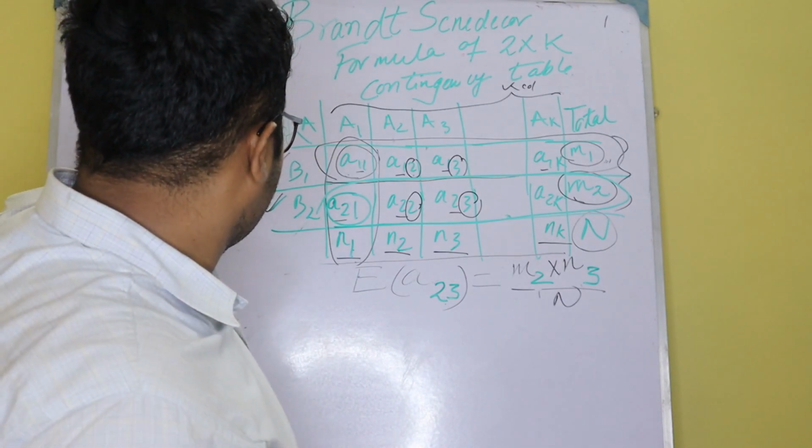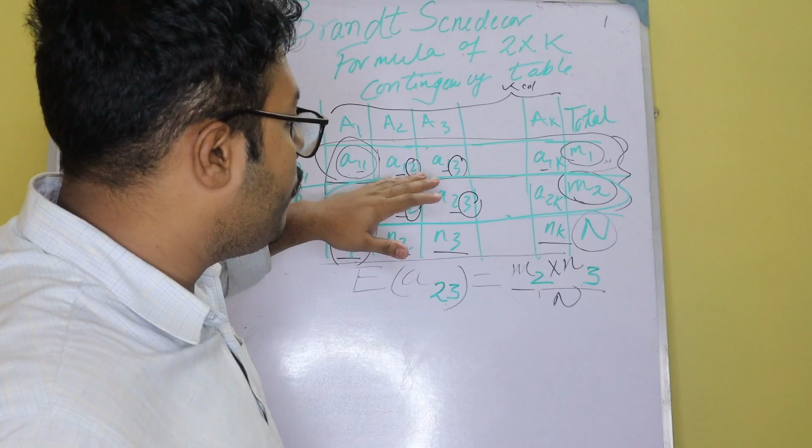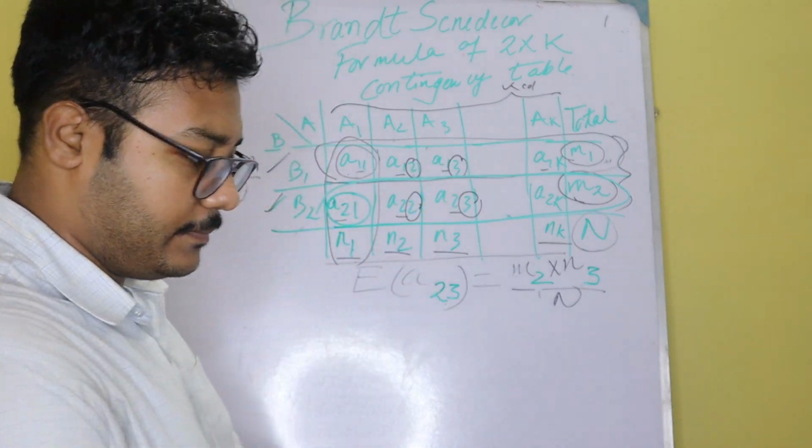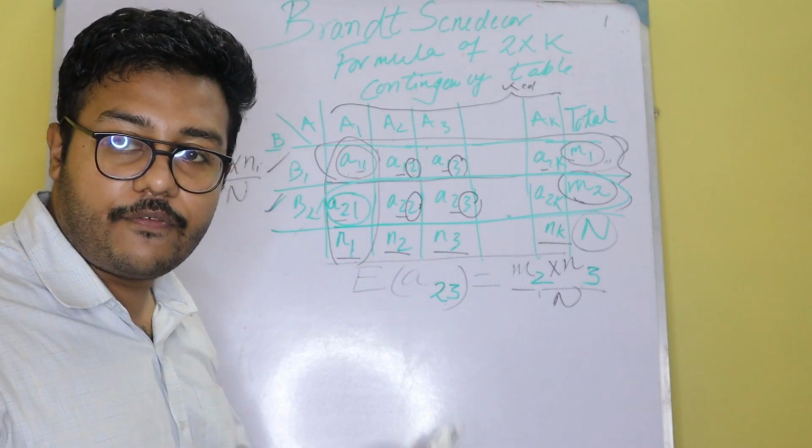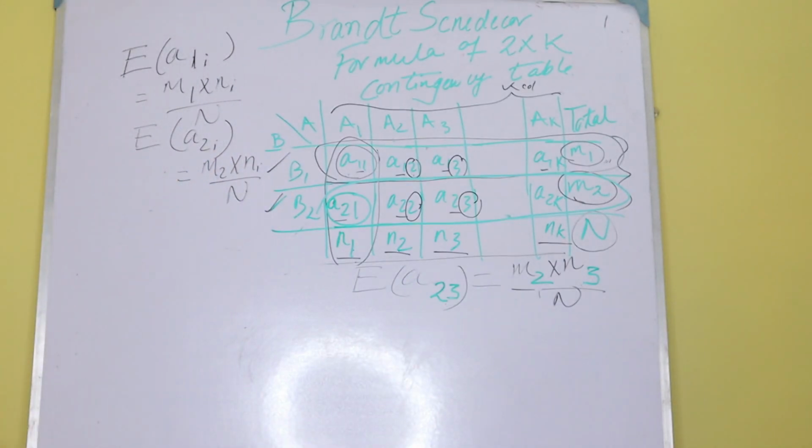Now, after doing this, I will be moving to the proof of the formula. Before that, I will write the formula of the chi-square test.